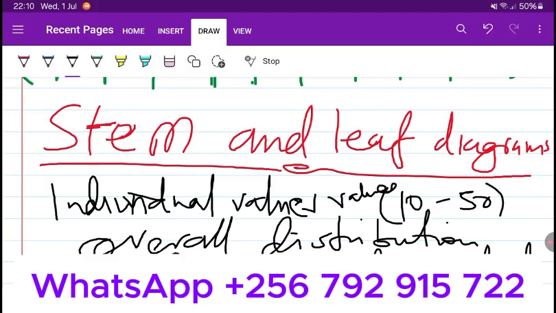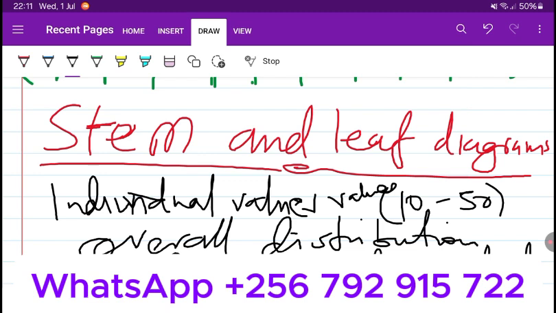If you are looking at the kind of data where the details matter more than the broader trends, then it's better to use a stem and leaf plot or a stem and leaf diagram.